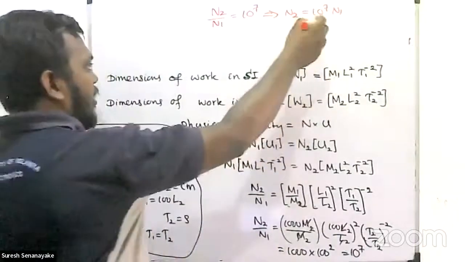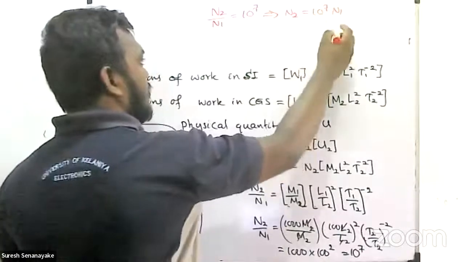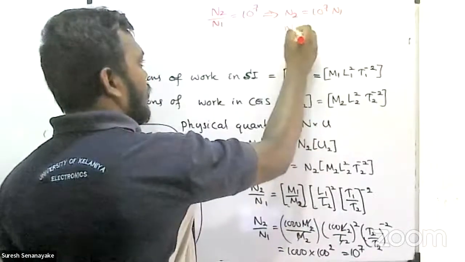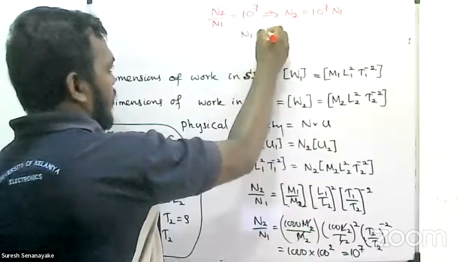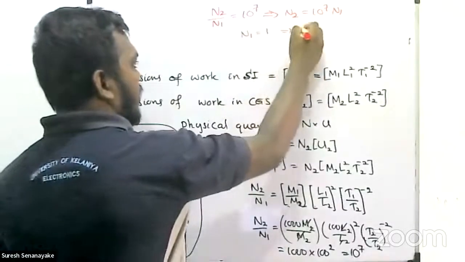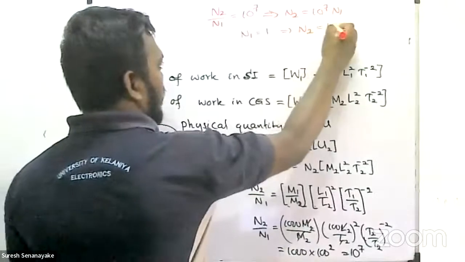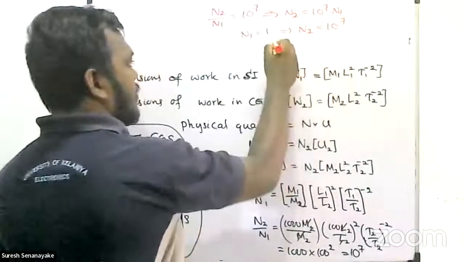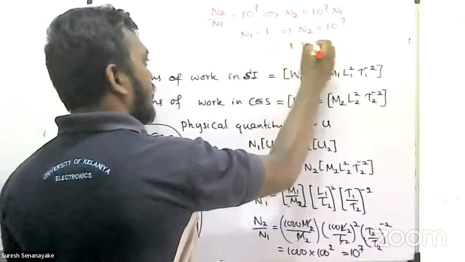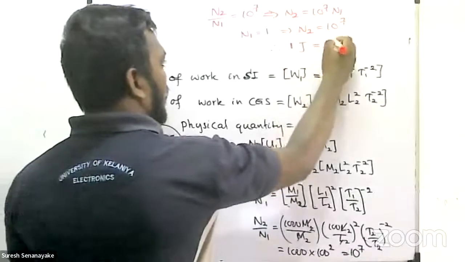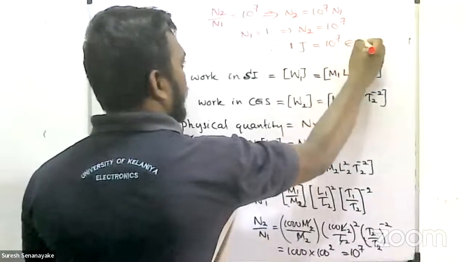The N1 they gave as 1 joule. So N1 is 1, N2 is 10 to the 7. So it gives that 1 joule equals 10 to the 7 erg.